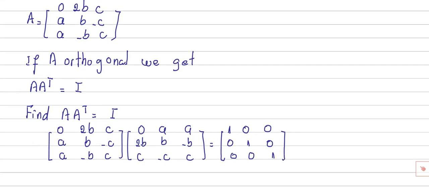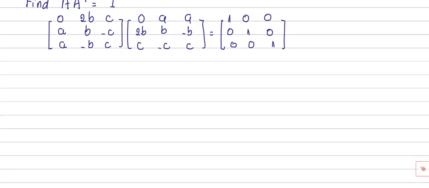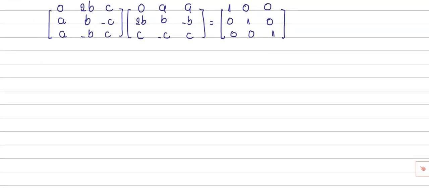And we just multiply A and A transpose. Now we get this point: 0 and 0. This is 4B squared. We got 4B squared plus C squared.